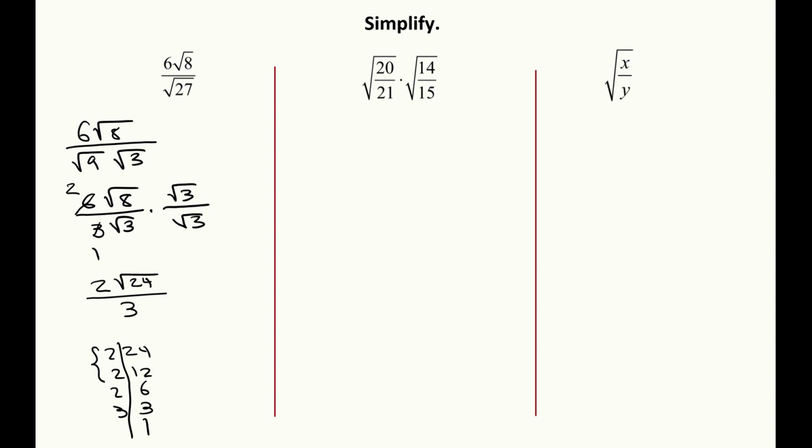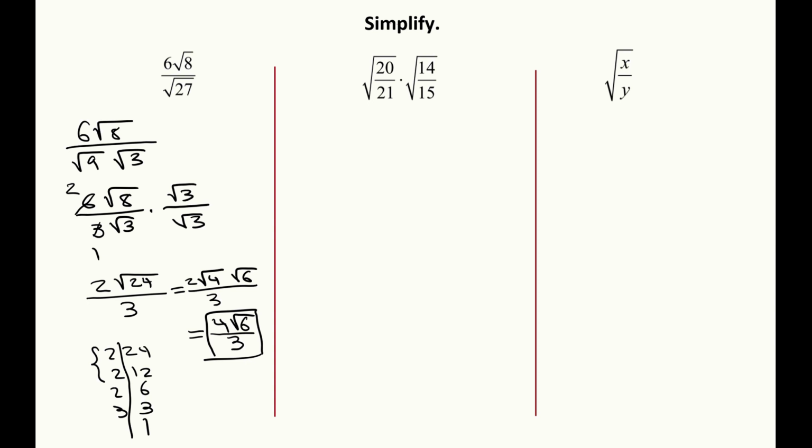So there is a perfect square inside it. So we can write the square root of 24 as the square root of 4 times the square root of 6 over 3 like that. So now 2 times square root of 4 is just 2. 2 times 2 is 4. So we get 4 radical 6 over 3. And now there's nothing else we can do, so we are finished with that.